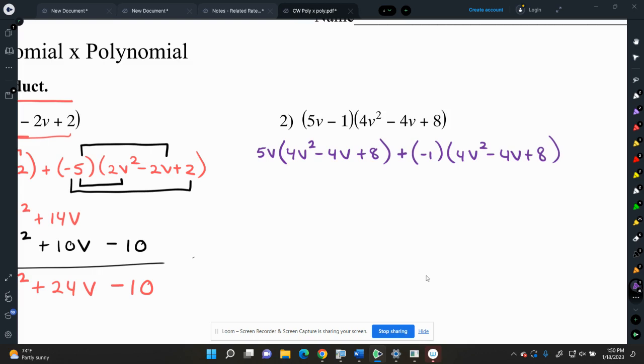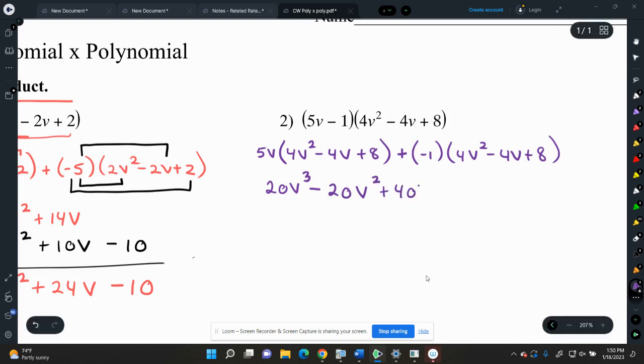5v times 4v squared gives me 20v to the third. 5v times negative 4v gives me negative 20v squared. 5v times 8 is positive 40v. Now we're going to do the next one. Negative 1 times 4v squared gives me negative 4v squared.